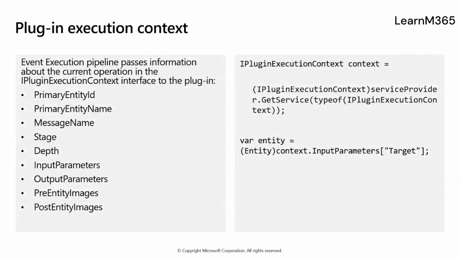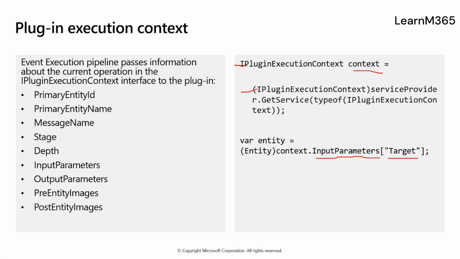We have just seen this particular code, that we need to get the context, and when we get this context available, we can perform various operations, right? So for event execution, when we get this context, we can refer to the input parameters and we can refer to a particular table.